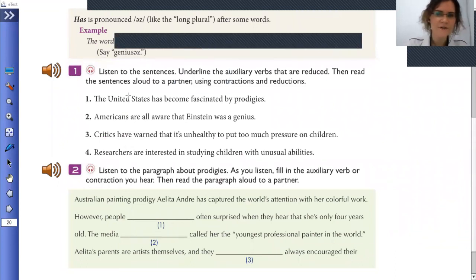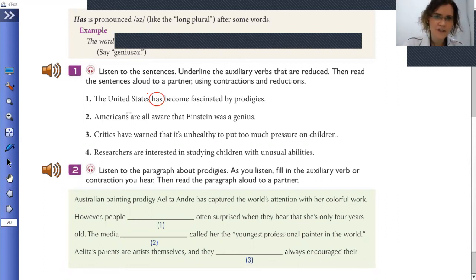Basically the auxiliary verbs that are reduced in here, if you listen to it, you must have listened to it because you had to. The United States has become fascinated by prodigy. So basically has is very much connected to the last word. Or Americans are all aware.